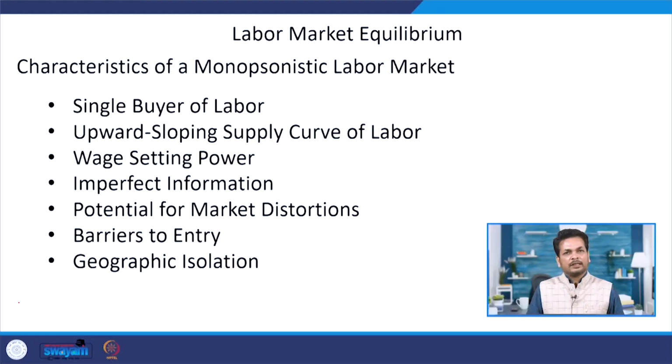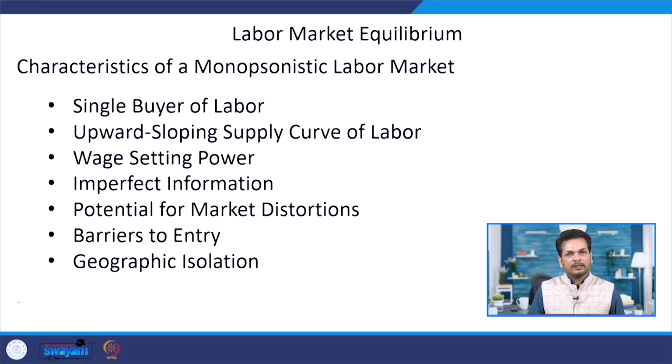Before getting into the labor market outcomes for a non-discriminating monopsonist, let us discuss the characteristics of this monopsonist labor market very briefly. We had already discussed these characteristics in our earlier lecture.